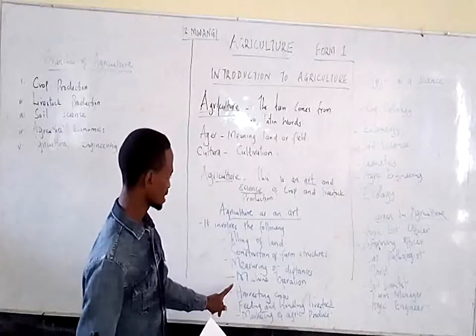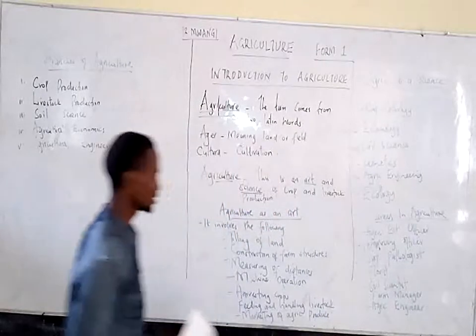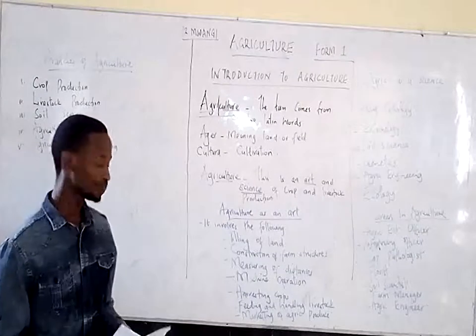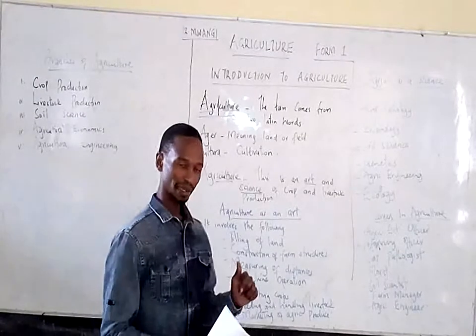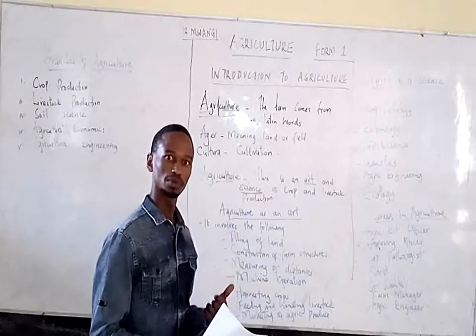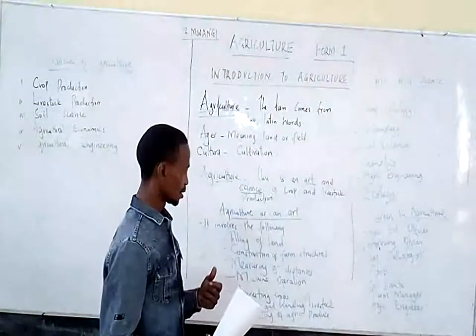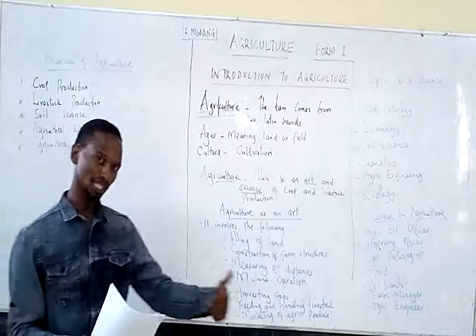Then agriculture as an art is machine operation, for example in feed preparation. When you are preparing dairy feed, if it is napier grass, you have to chop it into smaller pieces.